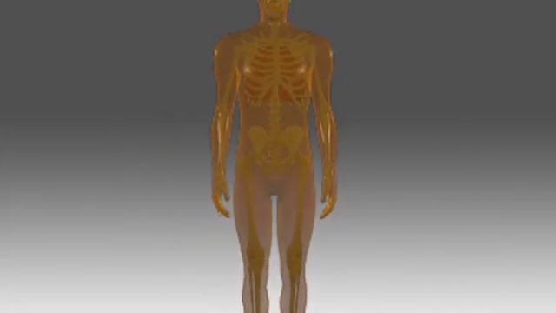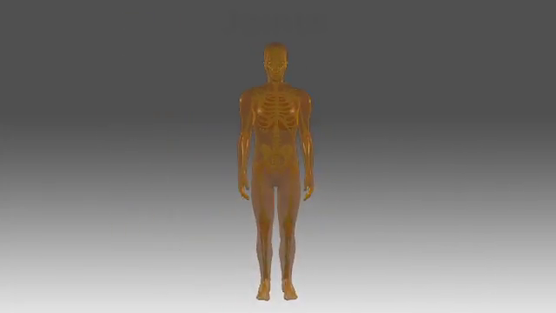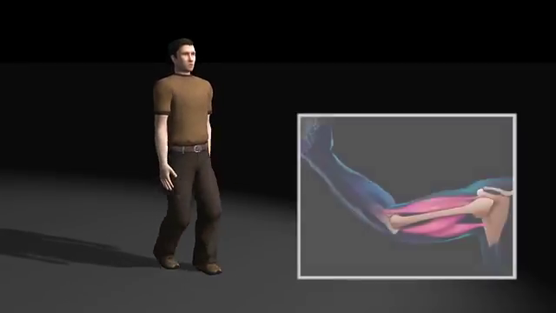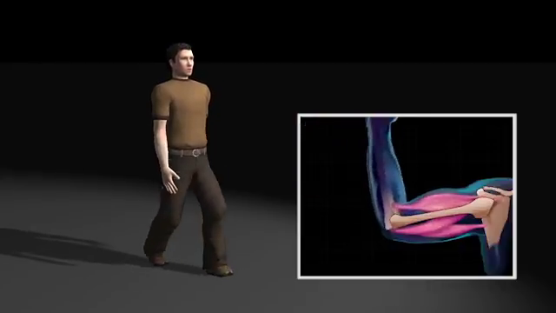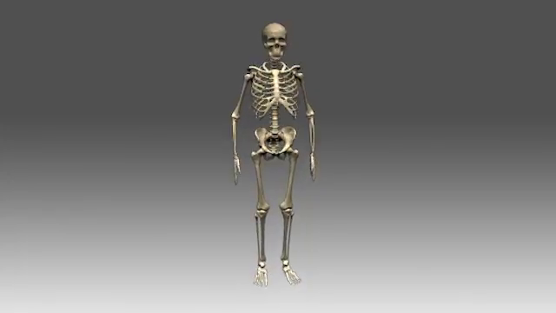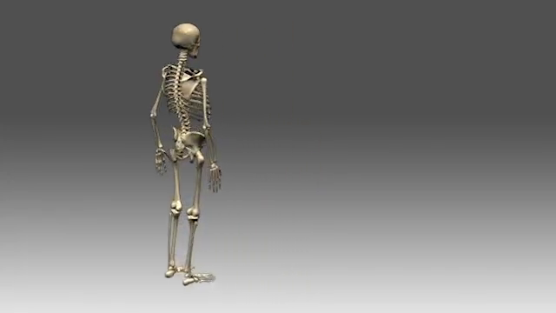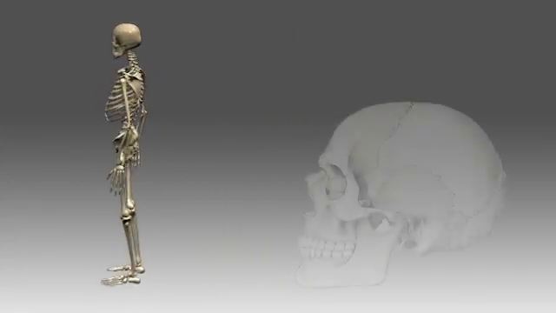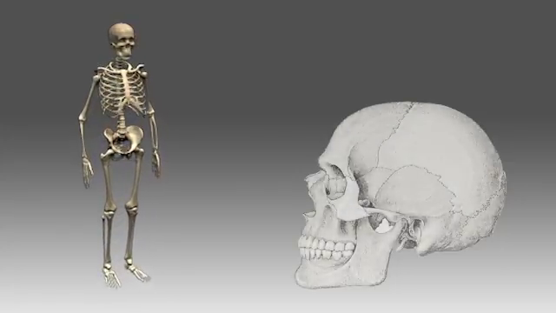Well, different bones are joined together, and the points where they are joined are called joints. We can move various parts of our body because of these joints and the muscles that surround these joints. Now, all the joints are not movable. Some are even fixed, such as the joints in our skull that protect our brain.